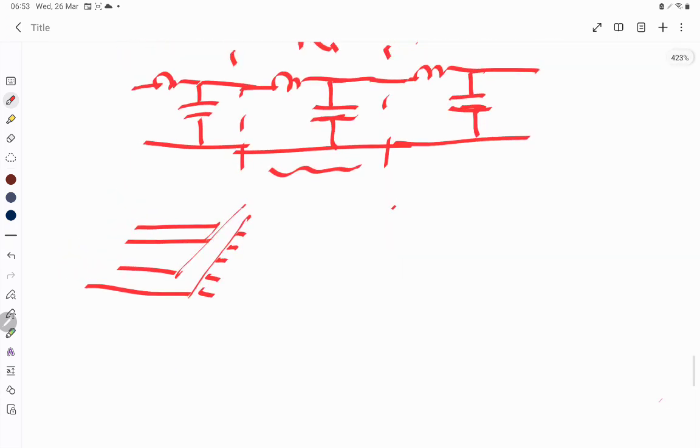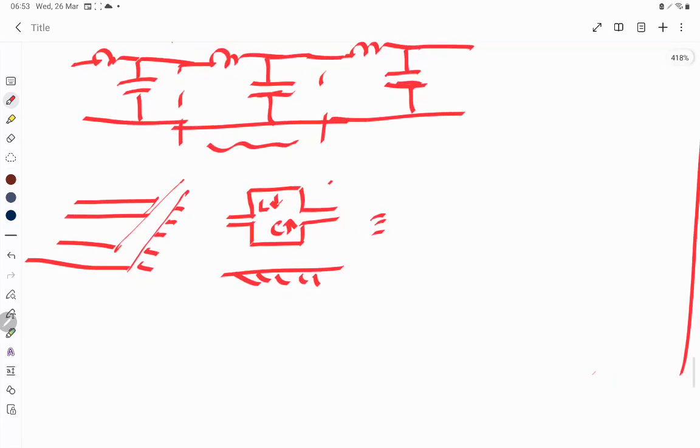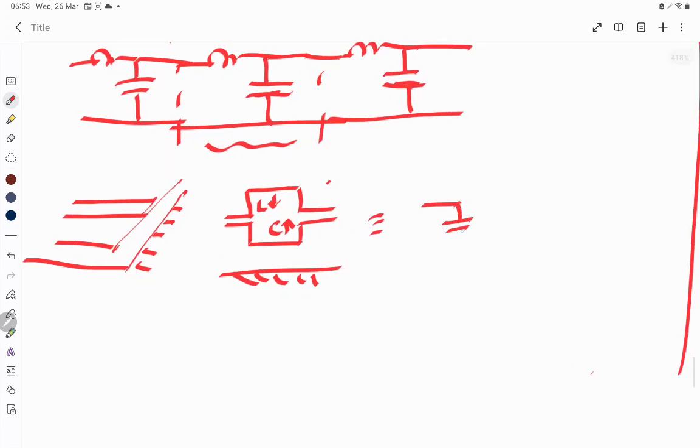Now on the top side, if we change the width of the transmission line so much that its inductance becomes very small but its capacitance becomes very high, then it almost represents a shunt capacitance with the transmission line.